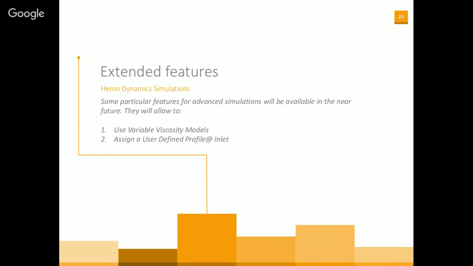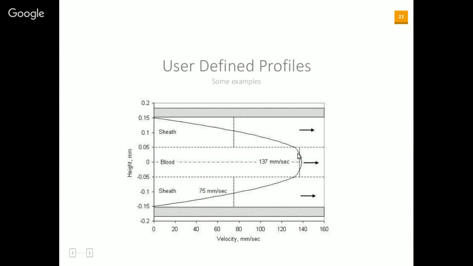For example, variable viscosity models that are usually important in this kind of simulation, and also user-defined profile at inlet. In fact, we just performed a simulation with a uniform profile. It means the same value in every part of your inlet.